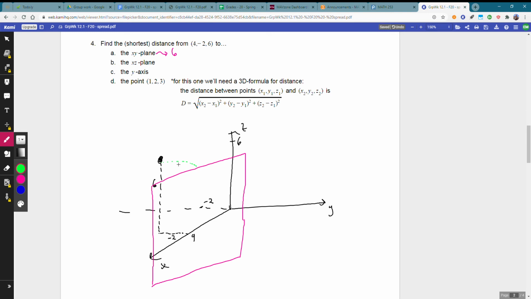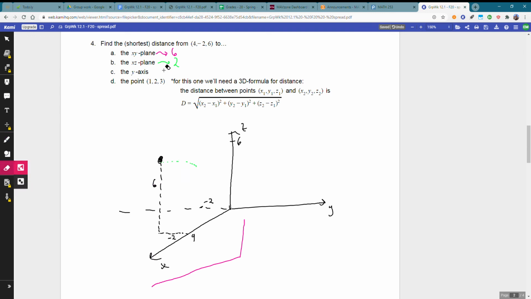So it's this distance that we moved over -2 to get to our point, and so this distance here that's going to land us on the xz plane is that 2. All right, so that's going to be the distance from our point to the xz plane. All right, let me get these out of the way.